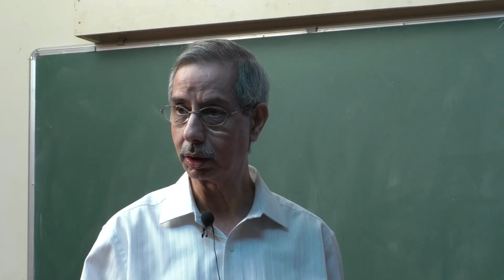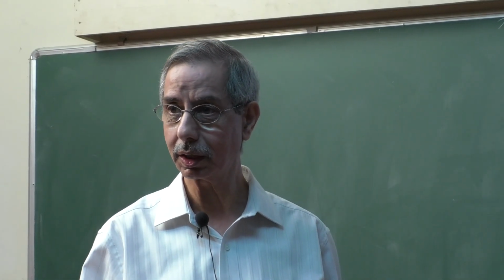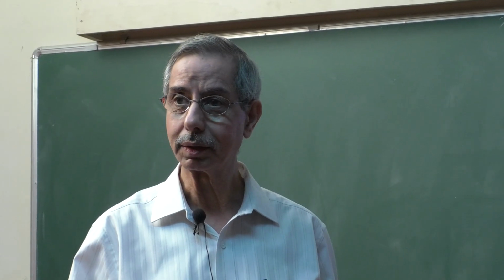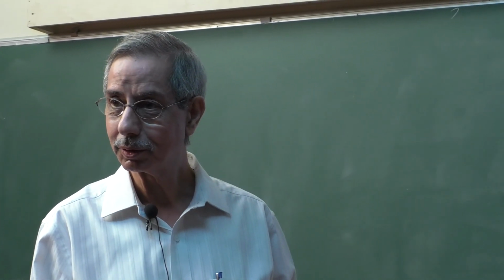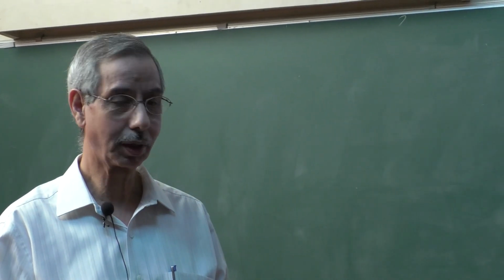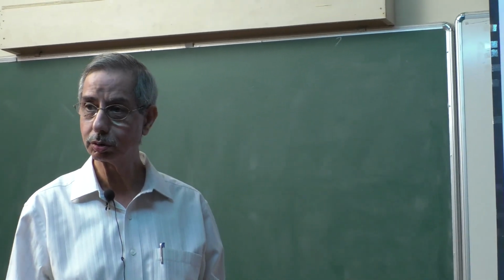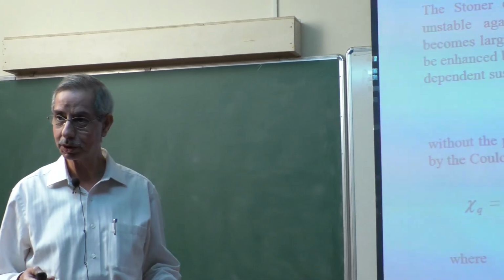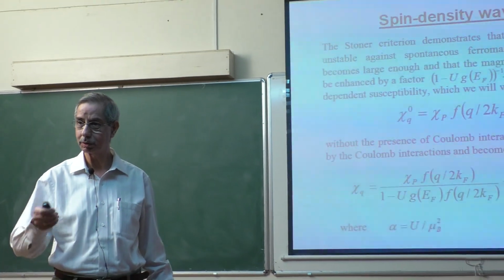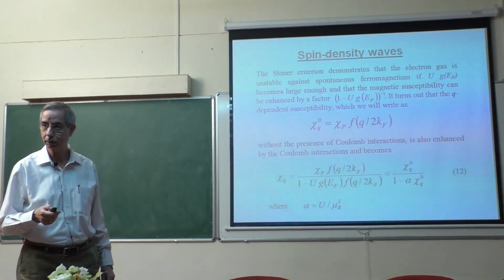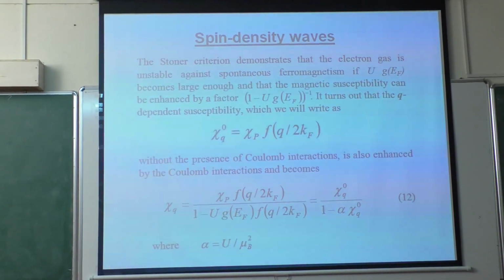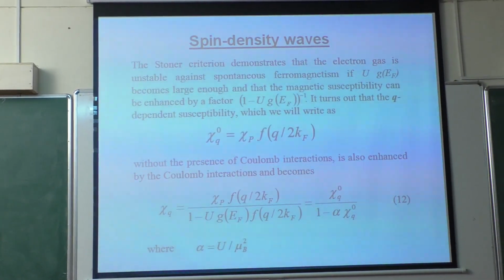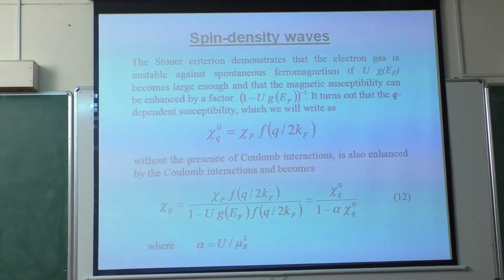The Pauli spin susceptibility is at Q equal to 0. But for finite Q, there is rich physics. That's what we would like to see now. But I am not going to derive the expression for the Q dependent susceptibility. It is only heuristic arguments to show what sort of physical phenomena will occur when Q is not equal to 0.